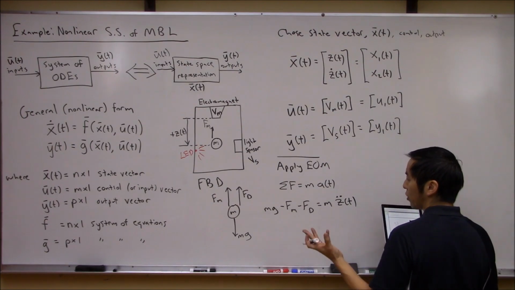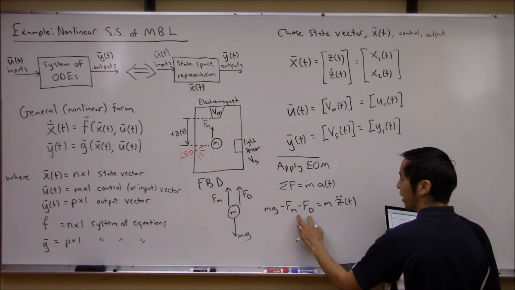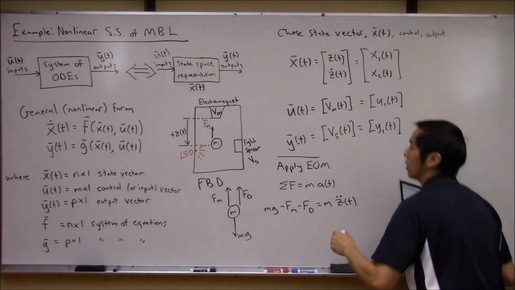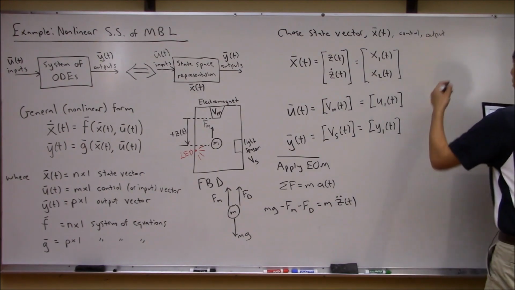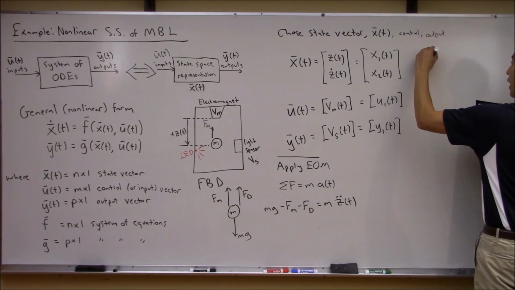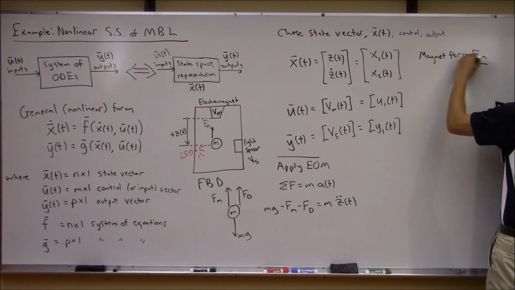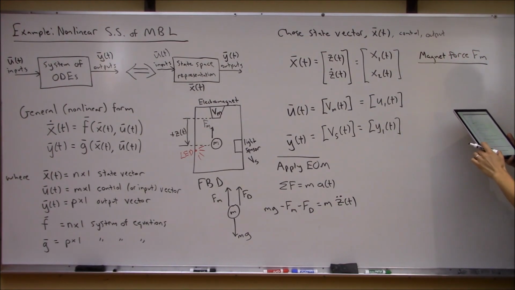Okay? All right, so now we need to characterize these two things. What is the magnet force and what is the drag force, right? So let's come up over here maybe. Let's look at the magnet force, Fm, right? Now, this is where it gets a little bit interesting.